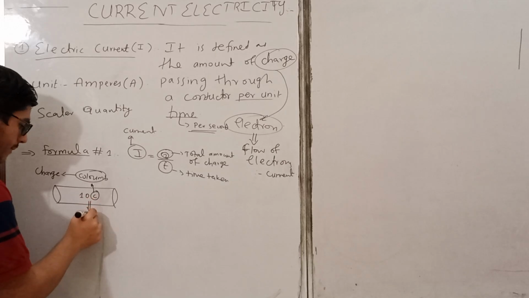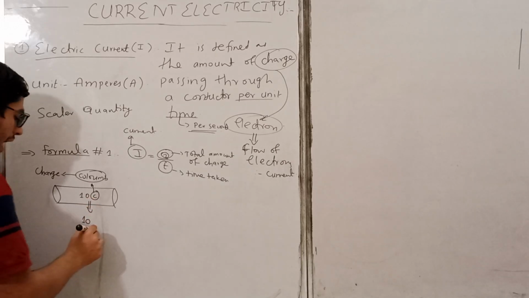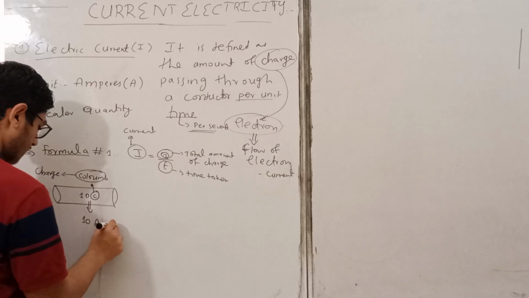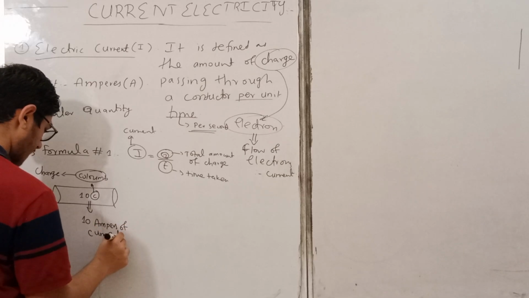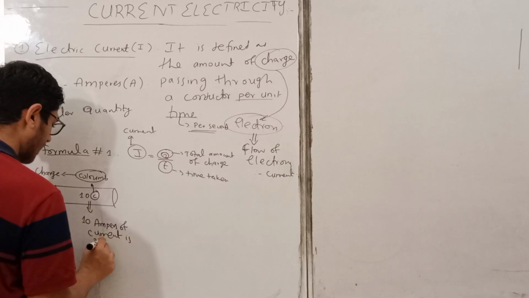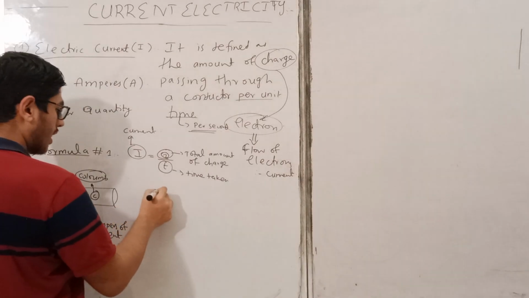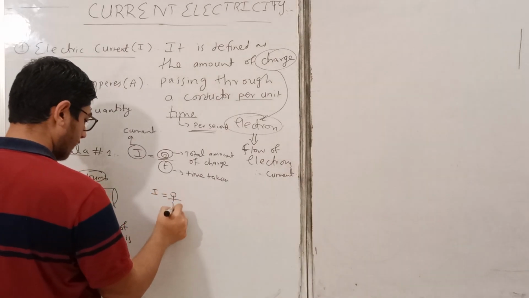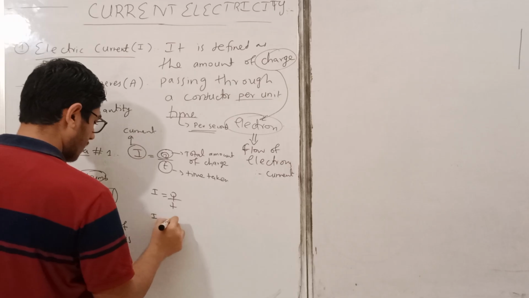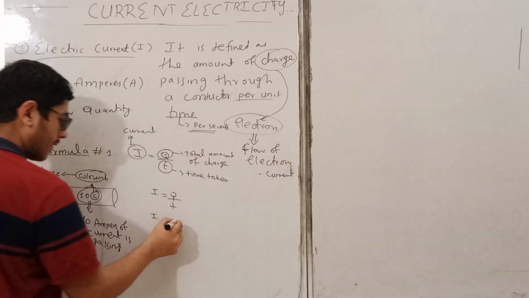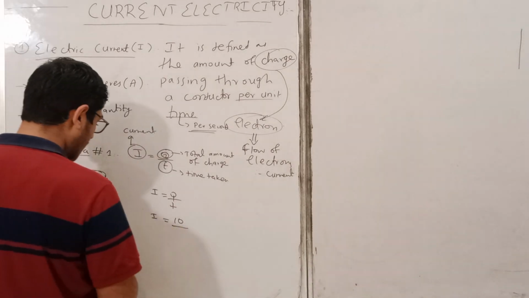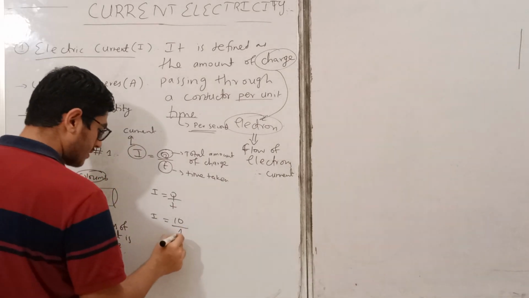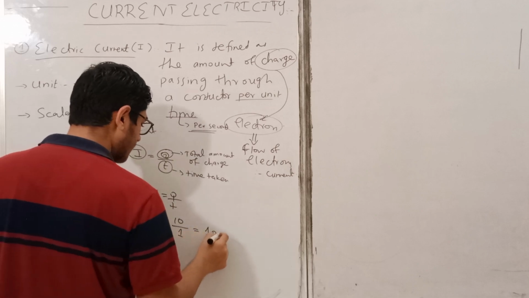This means that 10 amperes of current is passing through this conductor per second. We can also calculate by the formula I equals Q over T. Q is 10 coulombs, that is the total amount of charge, and the time taken is 1 second. So therefore current is 10 amperes.